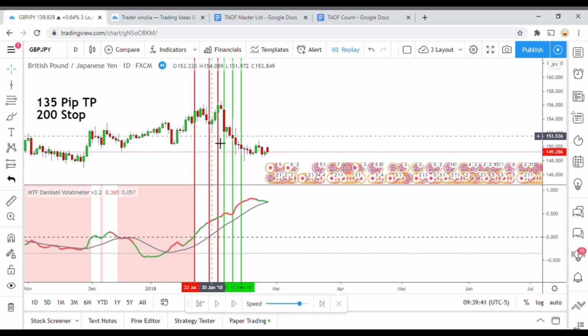But there are many instances where we will hit first take profit, take half the trade off the table, move the stop to break even. The trade will come back, stop us out at break even, and then continue in the direction we were originally looking to go in.